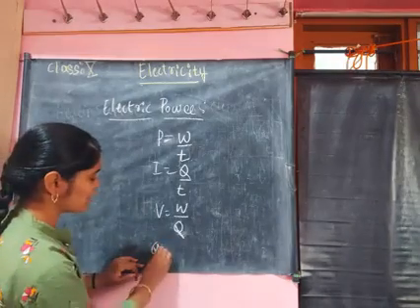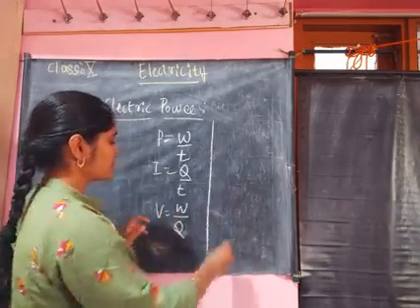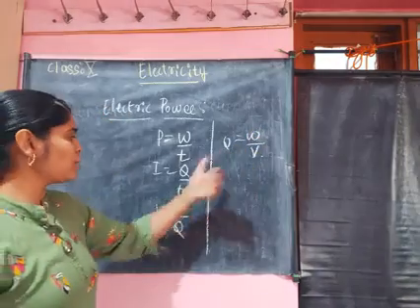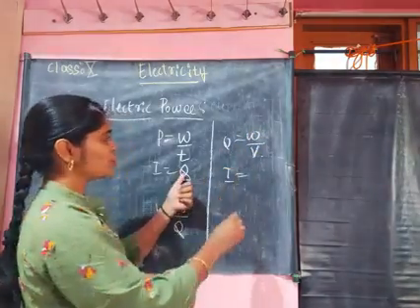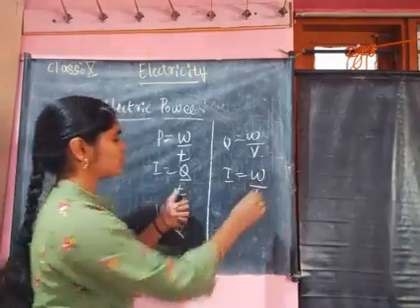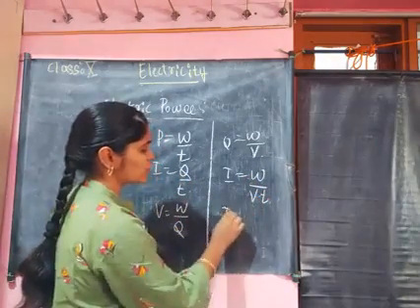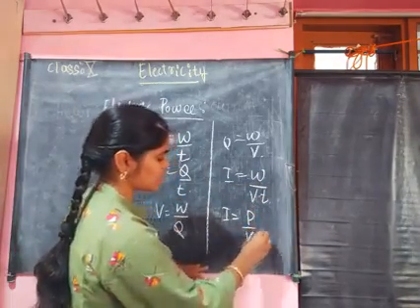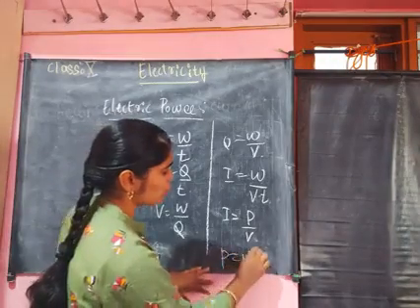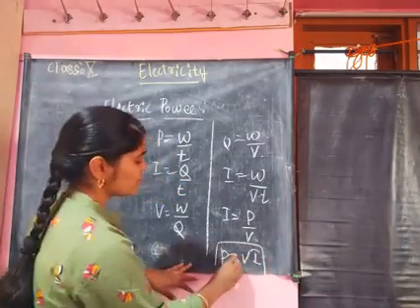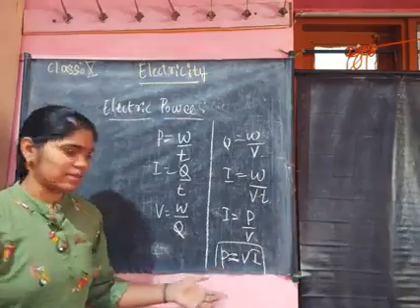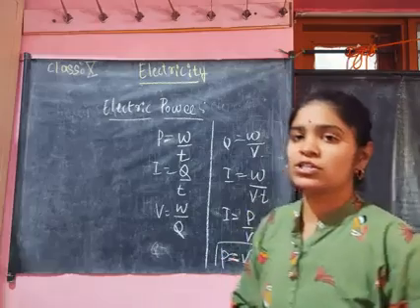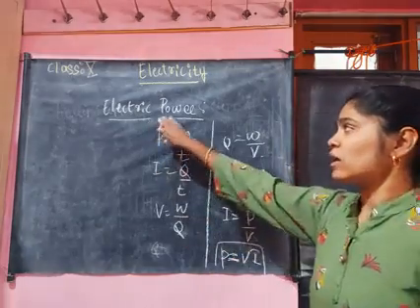Q equals W by V, and putting this Q value in I equals Q by T, I equals W by V into T. W by T means power, so I equals P by V. So electric power equals V into I. This is the formula for electrical power, V into I. So the rate of consumption of energy in an electrical circuit is the electrical power.